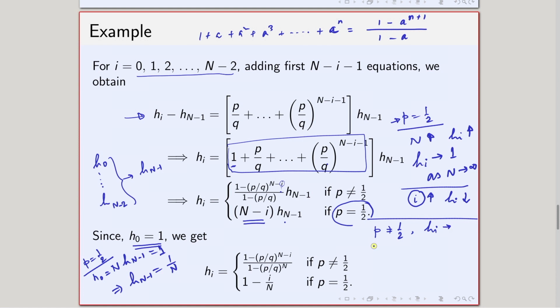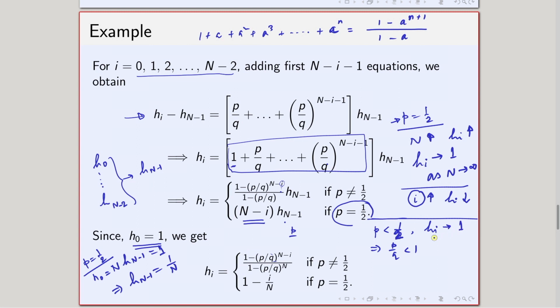Suppose now p is less than half, which is generally the case in any casino, where winning probabilities are smaller. In this case also, this quantity goes to 1. Why? Because p is less than half, p by q is less than 1, and as n goes to infinity this quantity goes to 0, so finally h_i goes to 1.